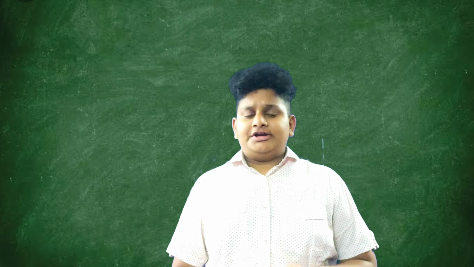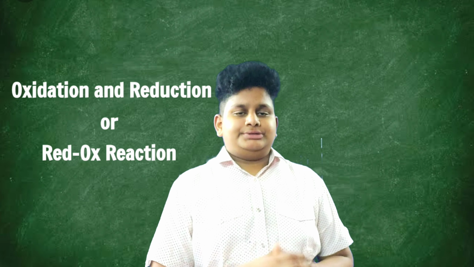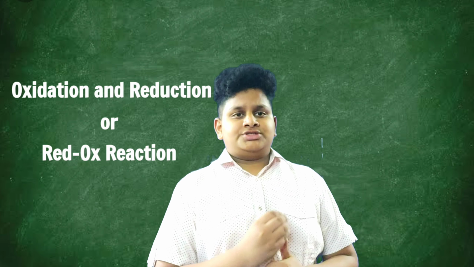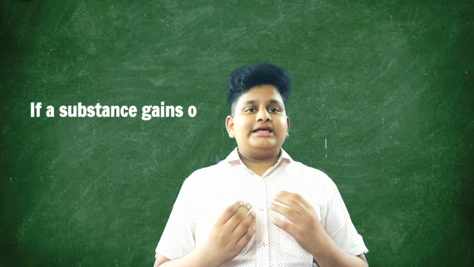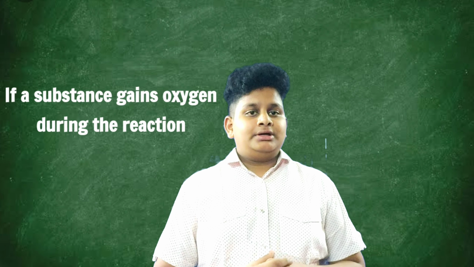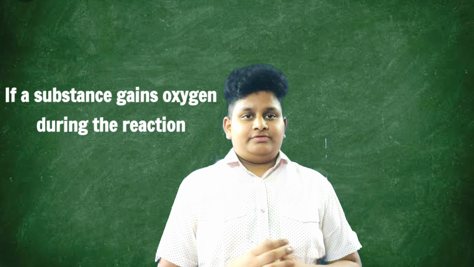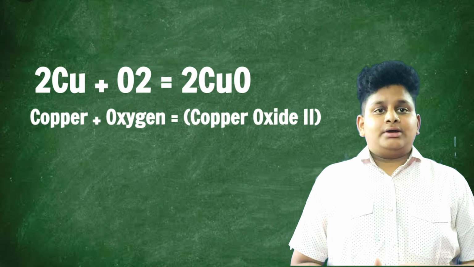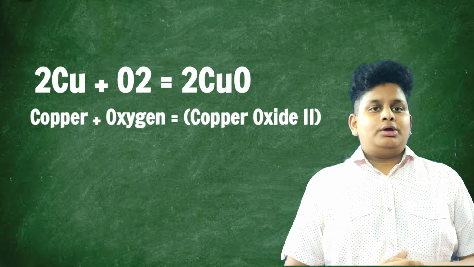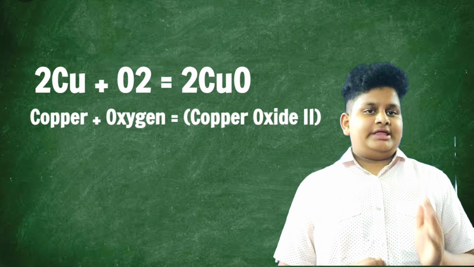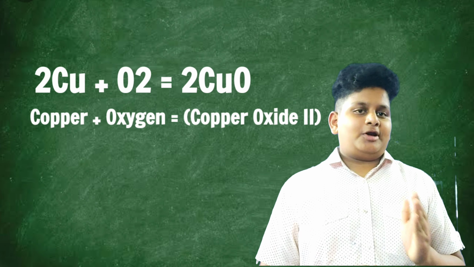Now let us see what is oxidation and reduction, or redox reaction. Oxidation: if a substance gains oxygen during a reaction, it is known as oxidation. For example, if you take copper, 2Cu plus oxygen O2, and it gains oxygen, then we will get 2CuO, copper oxide.